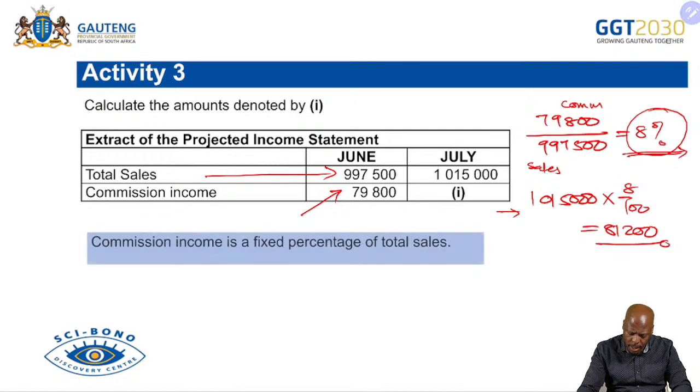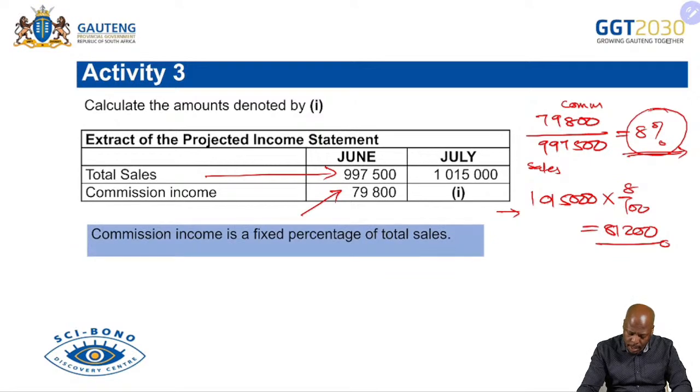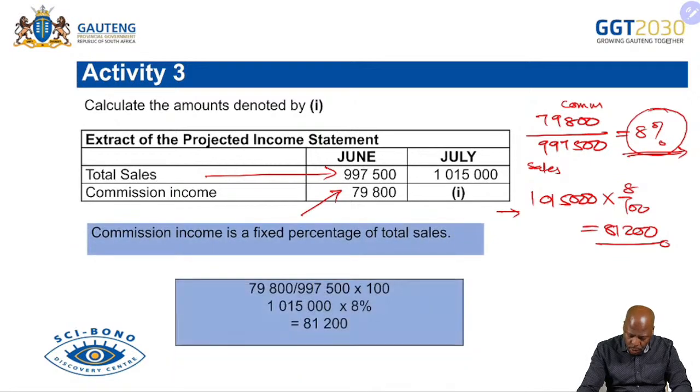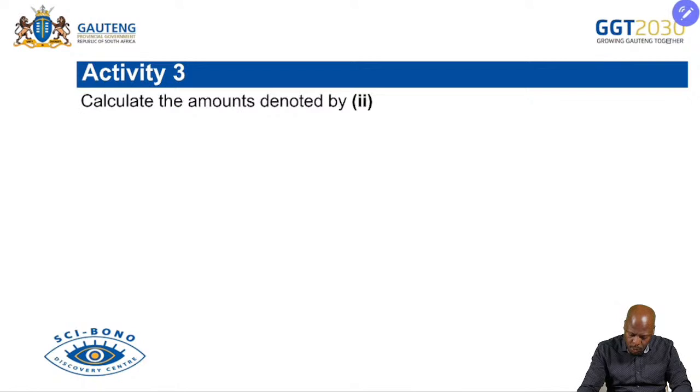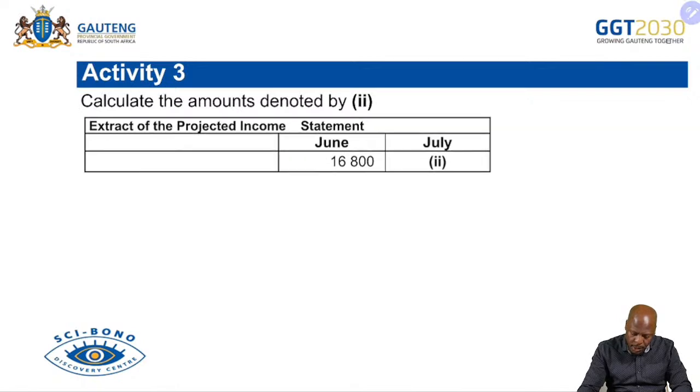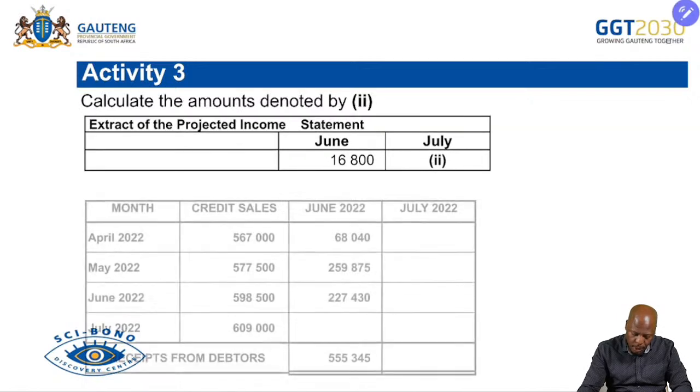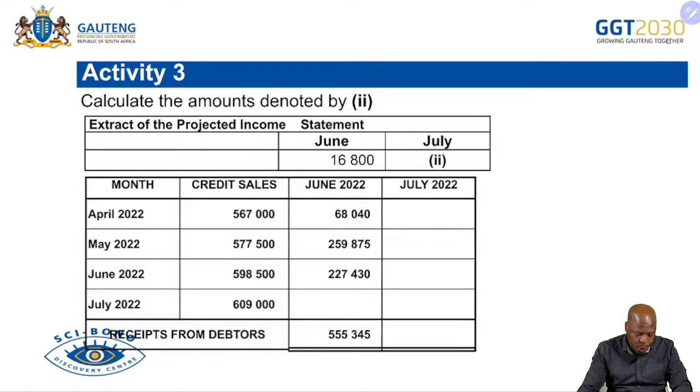All right. And then if I go now, I'm going to go on to the next one. Calculate the amounts denoted by 2. All right. And then on 2, what it is looking for, if you see on the information, they want you to calculate this one, 16,800.